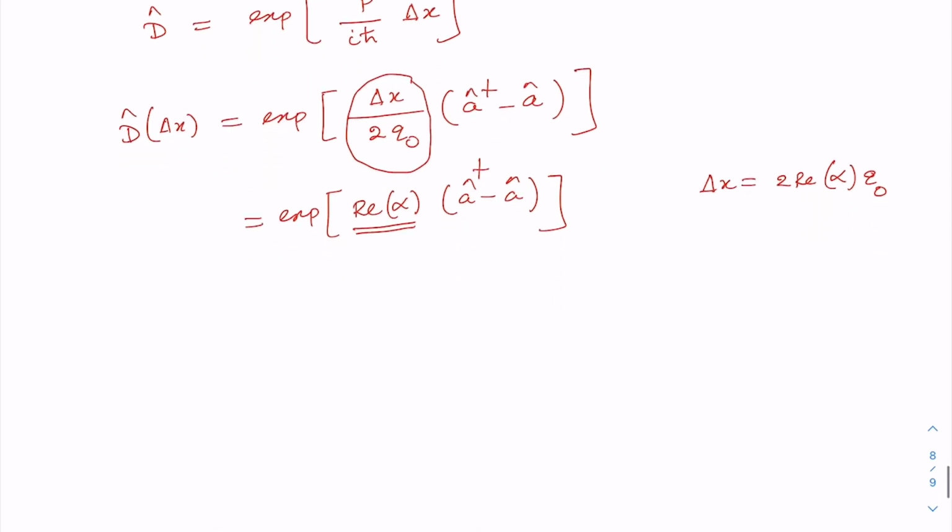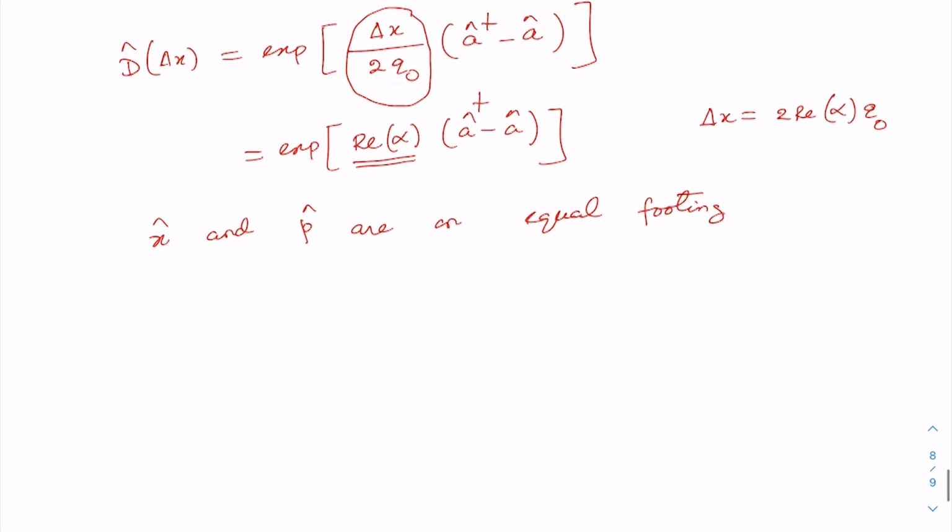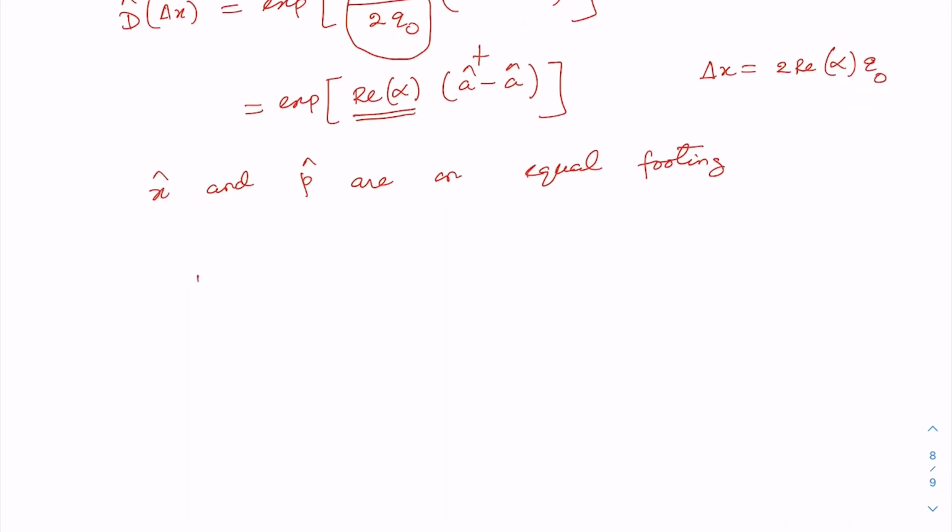Now, as you know, x and p are on equal footing. So the displacement could occur in the momentum direction or any arbitrary direction in the phase space. So we define the general displacement operator.